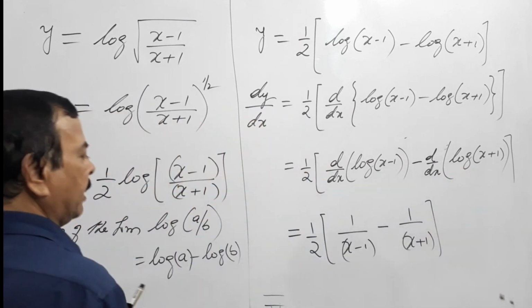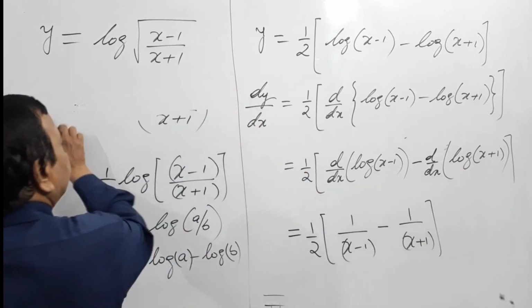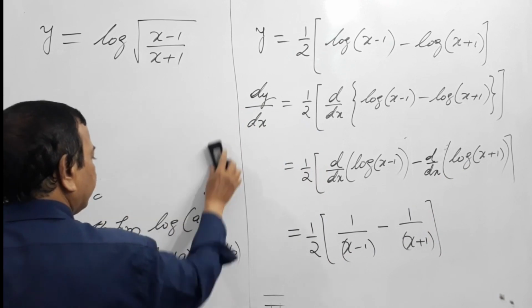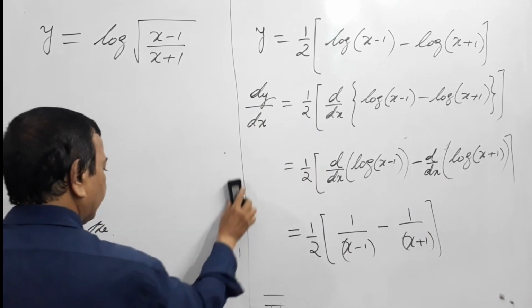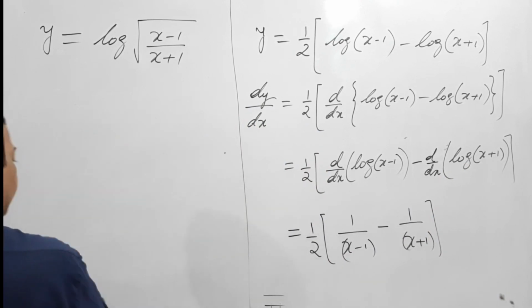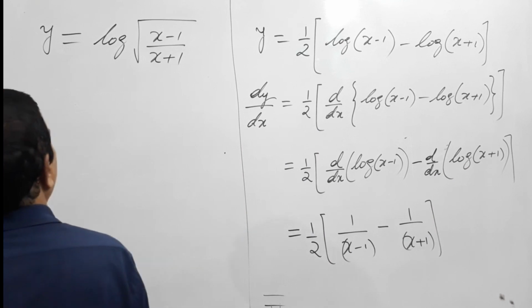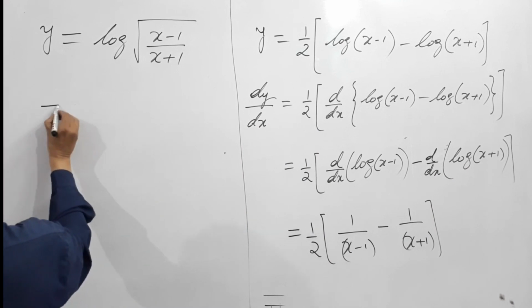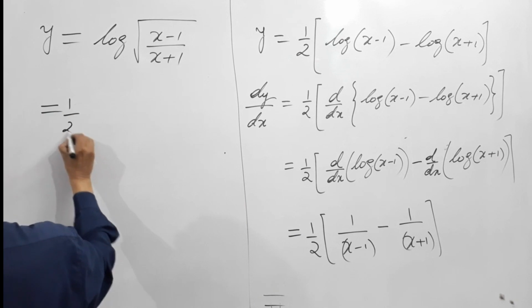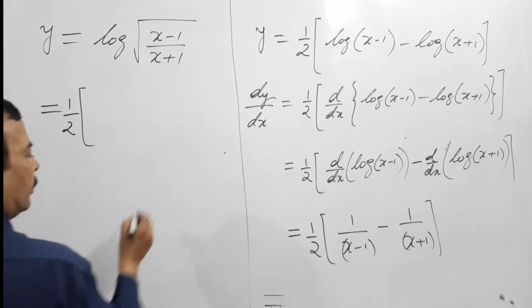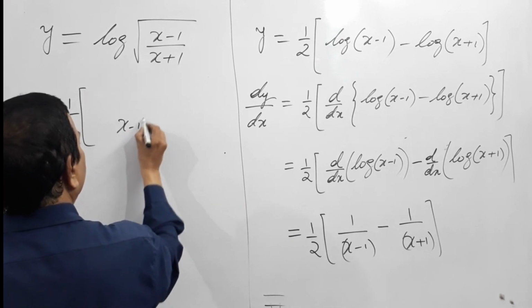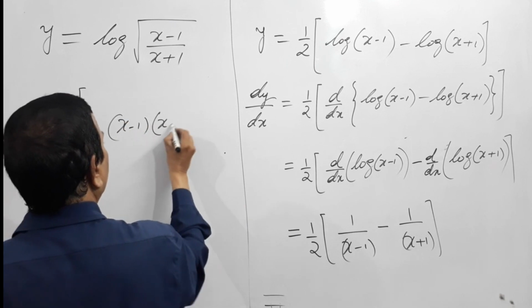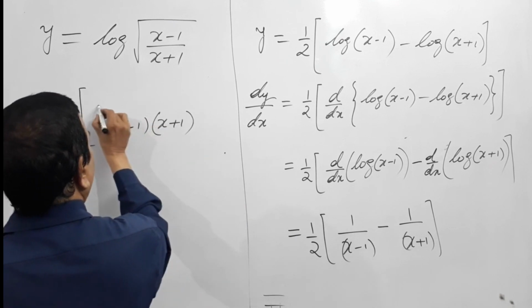So what I'll do next step, I'll take LCM. So that equals half, I'll take outside. So this is x minus 1 into x plus 1.